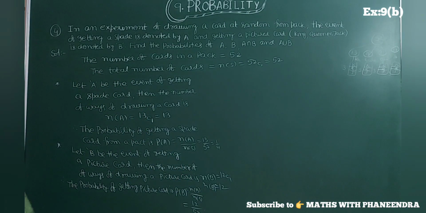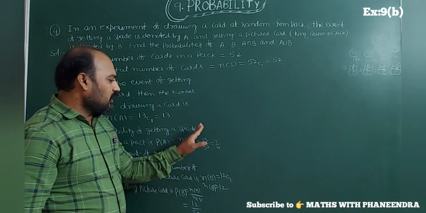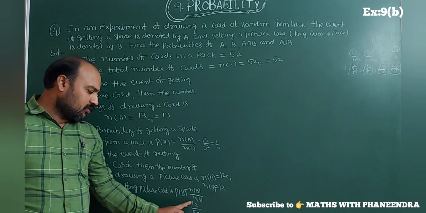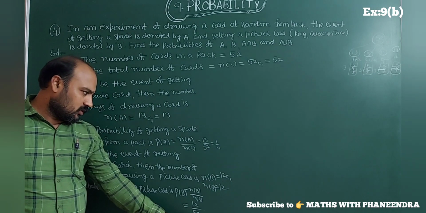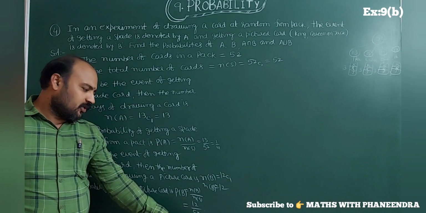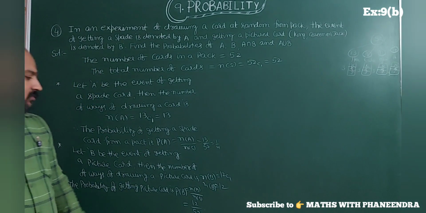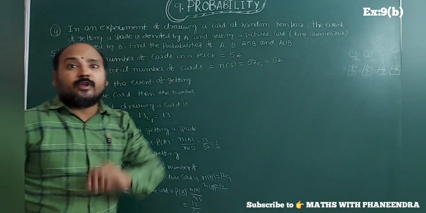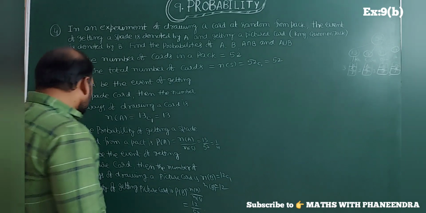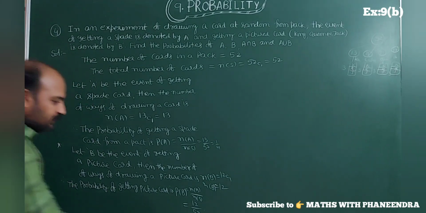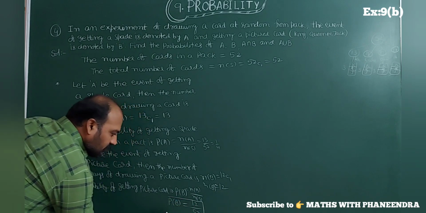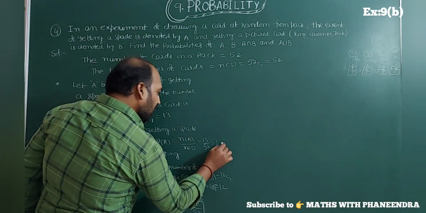So 12 by 52. Even here also you can leave it like this, not compulsory to simplify, even by 4 table also you can do, 4 3s or 4 12s or 4 13s. But no need to simplify. Why? Because ultimately we need to calculate A intersection B, A union B. Next, after this, P of B is over. So P of A is also over here.